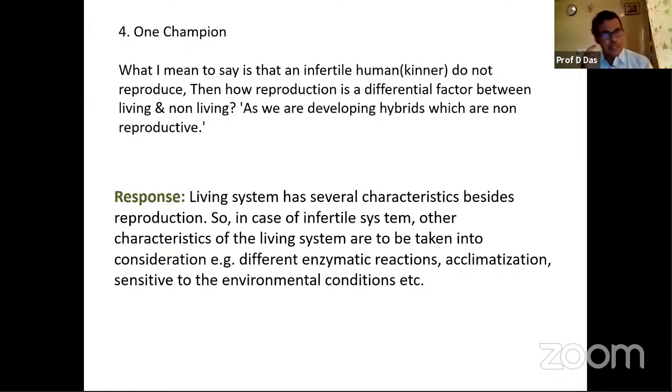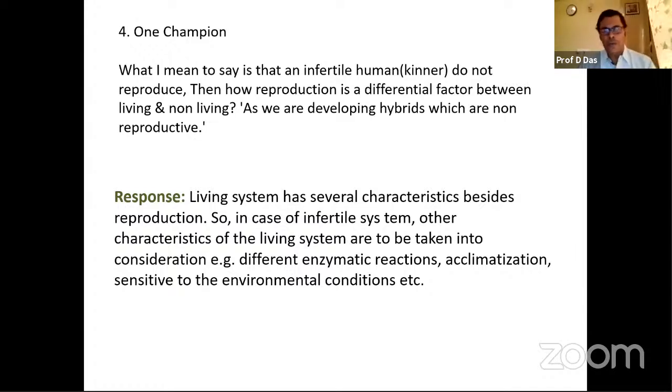So the living system has two important characteristics: they are very sensitive to the environment, and they have the property of acclimatization. Another important factor I want to share, since you are talking about infertile systems, is that I told you a characteristic of the living system is reproduction.